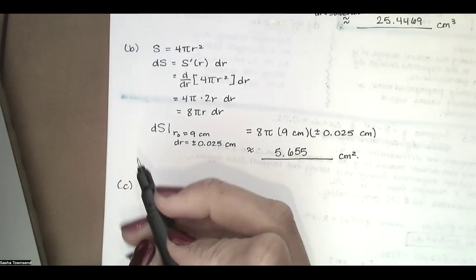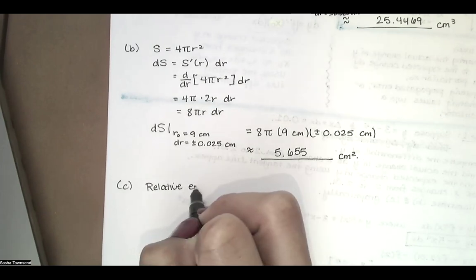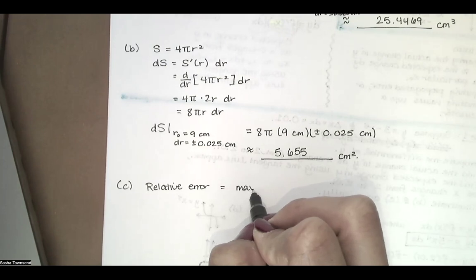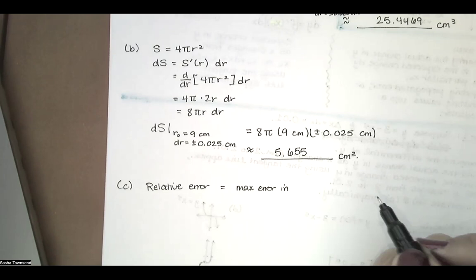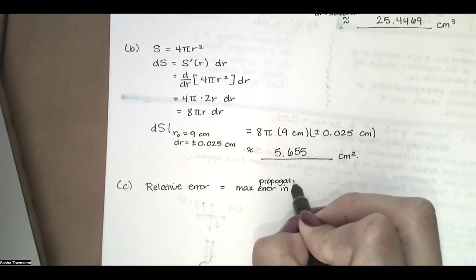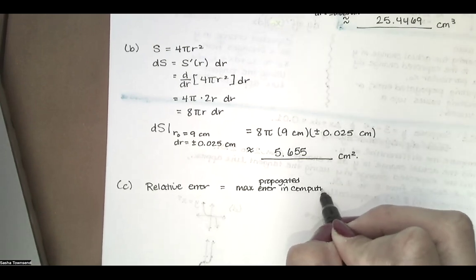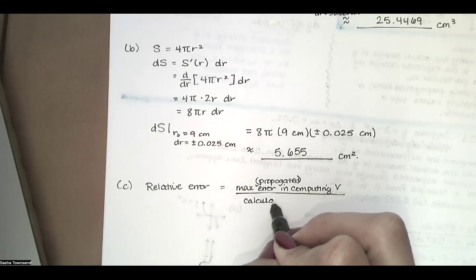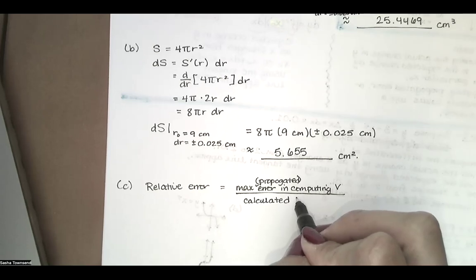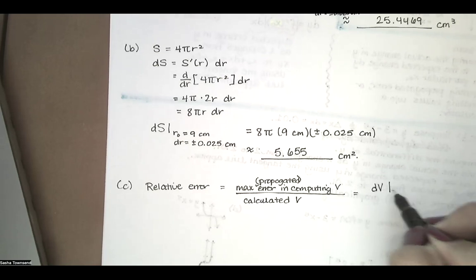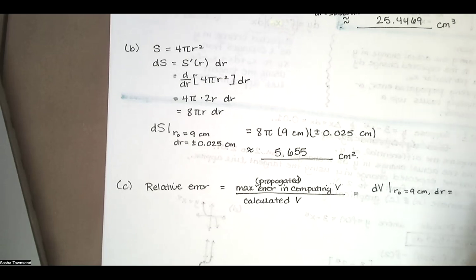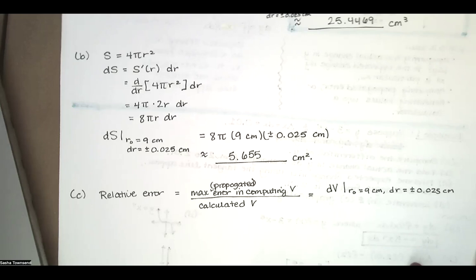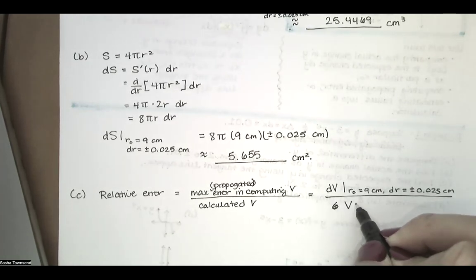And let's do that on paper. So we're gonna have the maximum, well, let's say maximum propagated error in computing whatever your quantity is, divided by the calculated value of V. So that's going to be our dV evaluated at R naught equals 9 centimeters and dr equals plus or minus 0.025 centimeters, divided by that V evaluated at 9 centimeters.